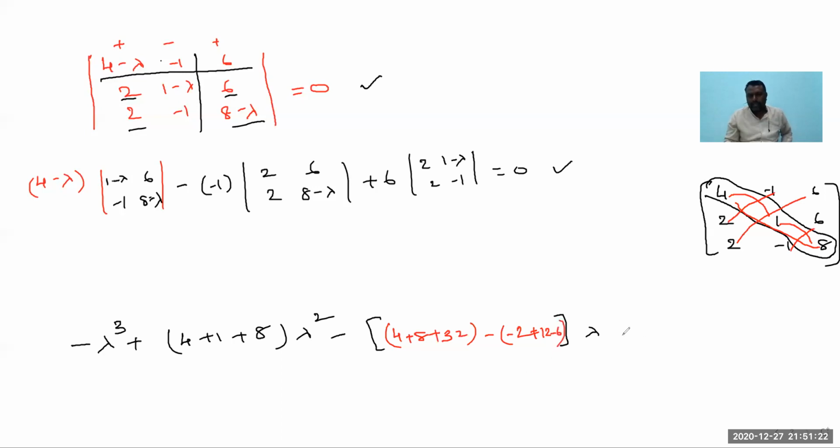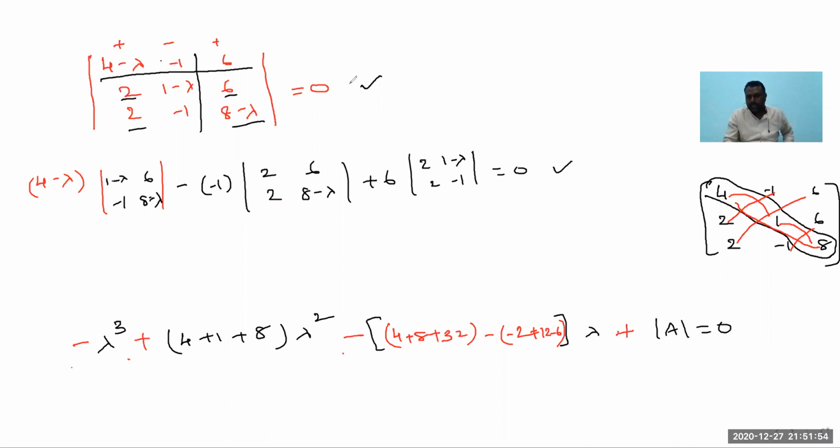The signs alternate, minus plus minus plus, and it equals 0. This is the procedure, the shortcut method.